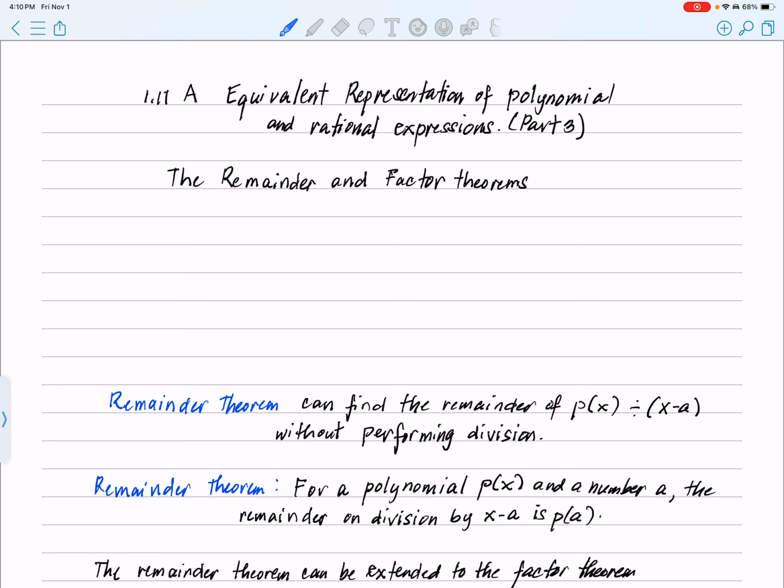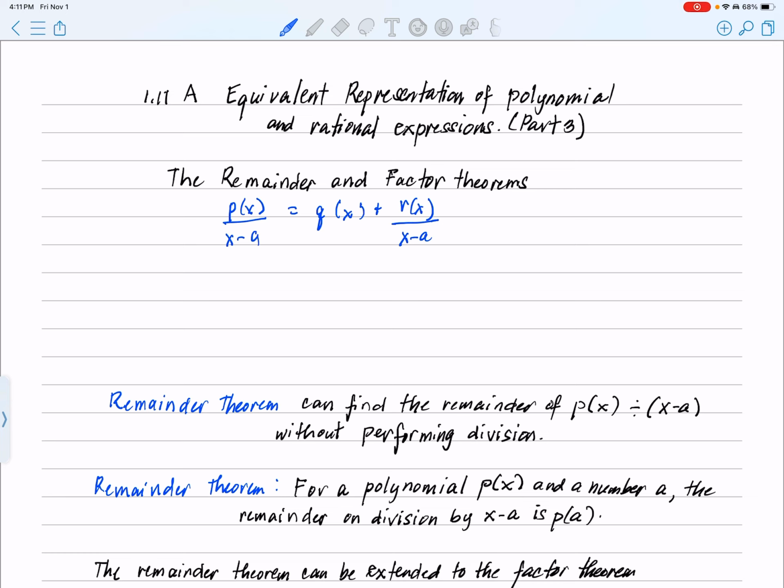When dividing p of x by a linear divisor x plus or minus a, where a is a constant, we write it as p of x divided by x minus a, and that is q of x plus r of x over x minus a. This is the notation of the result when you divide a polynomial by a linear divisor.